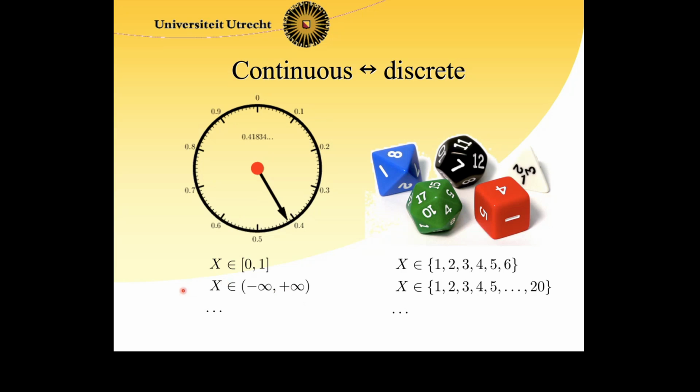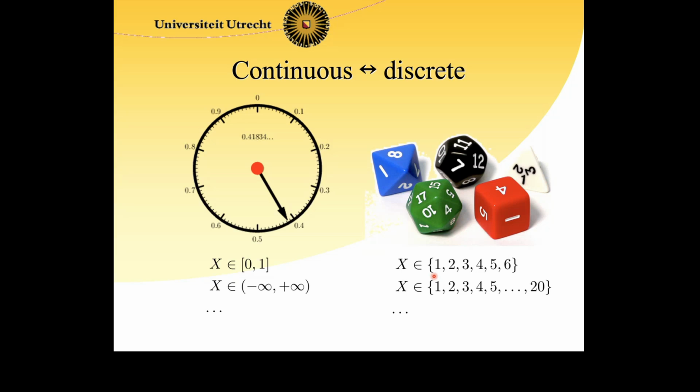But of course, it can also be continuous between 0 and infinity, or 10 and 20, or minus infinity to plus infinity, depending on the type of real variable we try to describe with our random variable model. It can also be discrete, where we have a countable number of outcomes, and attached to each outcome is a probability.